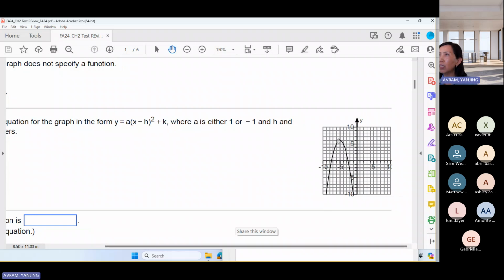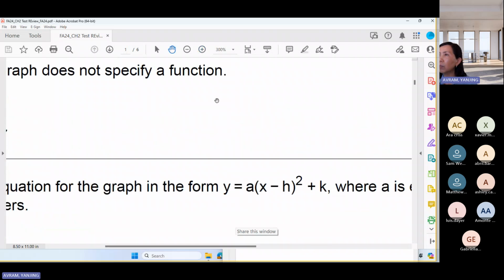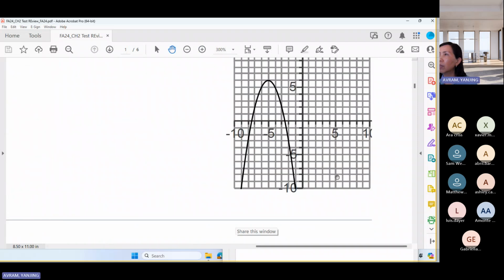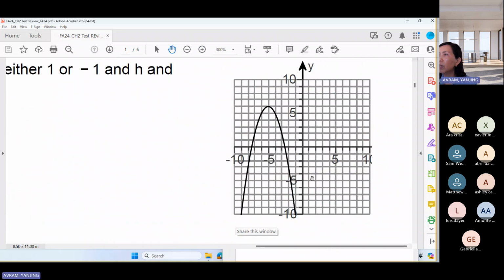So the vertex here, let's make it even bigger. Let's see, where's the graph? All right, now we can read the graph. X will be negative what? Let's see, that is 1, 2, 3, 4, 5. Looks like H will be -5, right? And then the vertical one, 1, 2, 3, 4, 5.